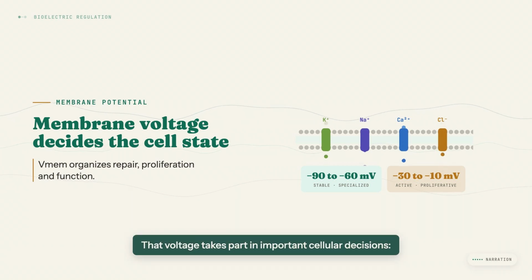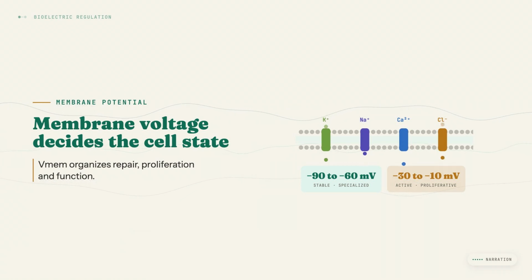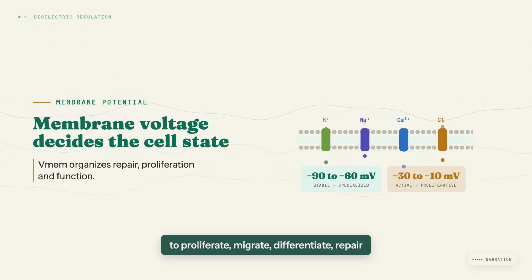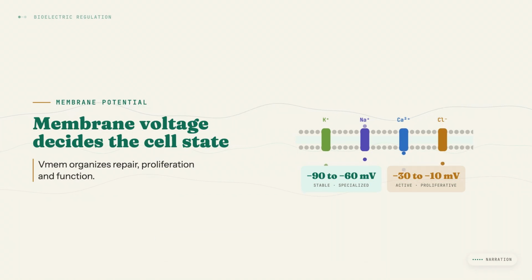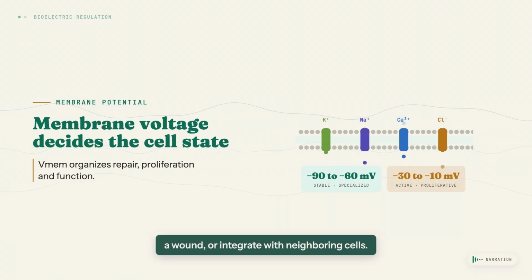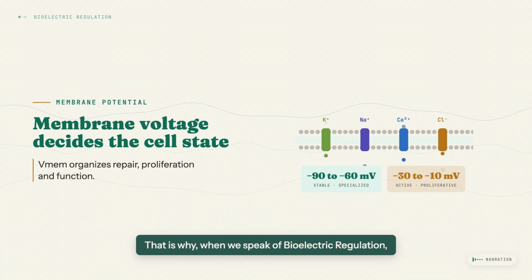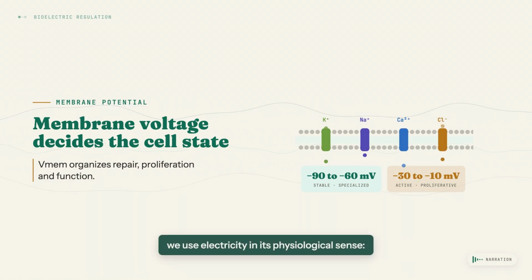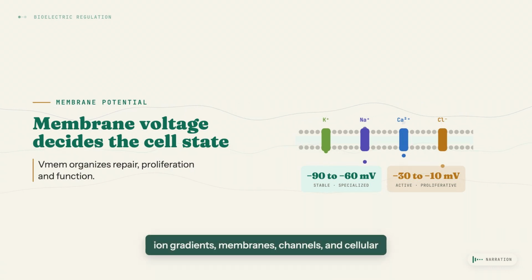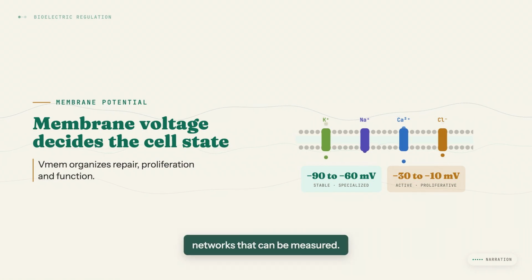That voltage takes part in important cellular decisions to proliferate, migrate, differentiate, repair a wound, or integrate with neighboring cells. That is why, when we speak of bioelectric regulation, we use electricity in its physiological sense, ion gradients, membranes, channels, and cellular networks that can be measured.